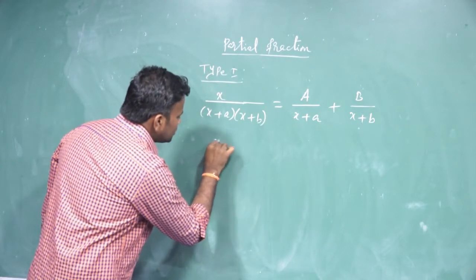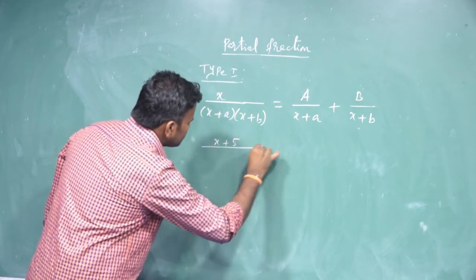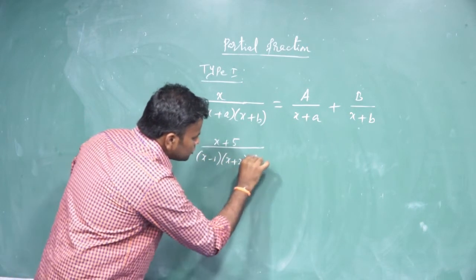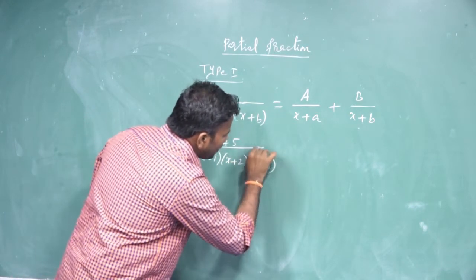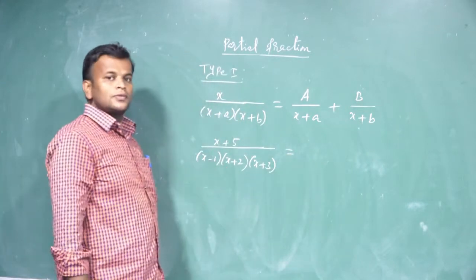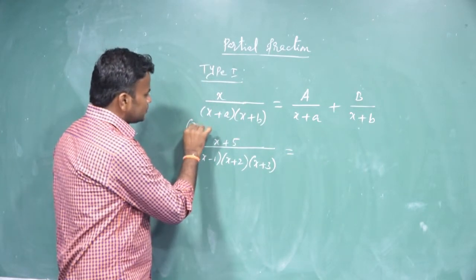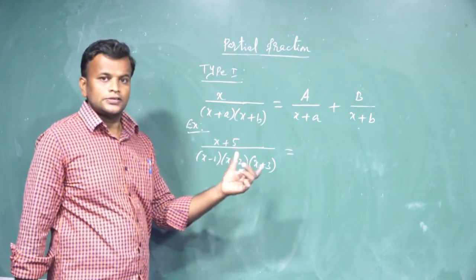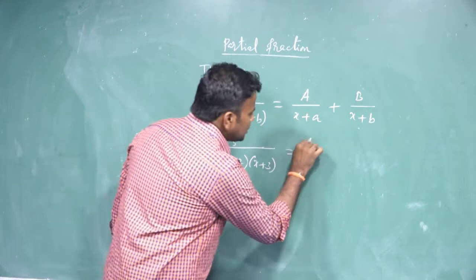Suppose I have one more example. The numerator is x plus 5. The denominator is x minus 1, x plus 2 and x plus 3. So this is an example. For each and every factor there is a constant. So what is the first factor? x minus 1.